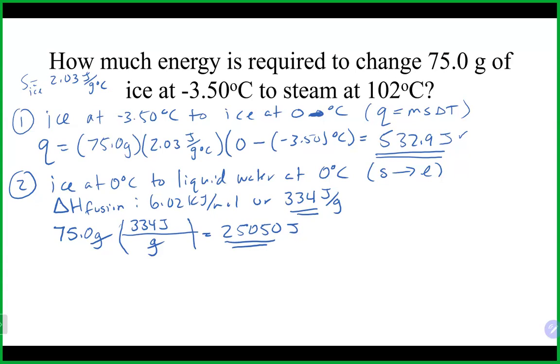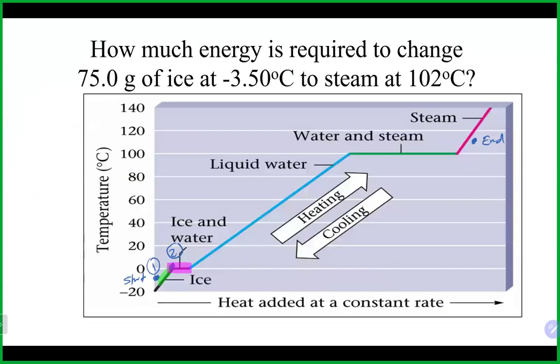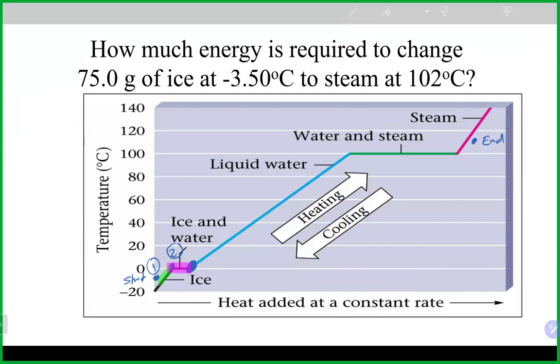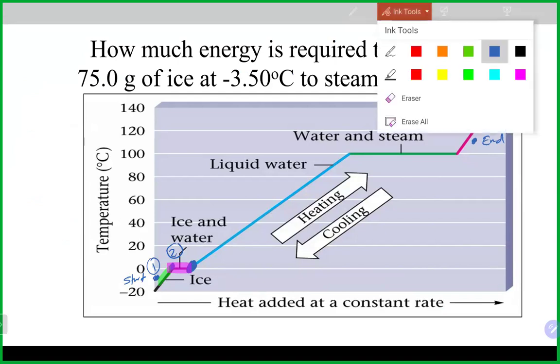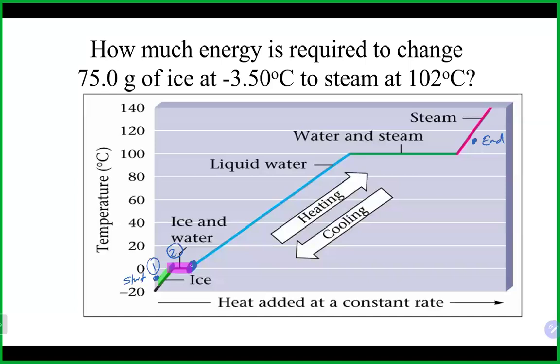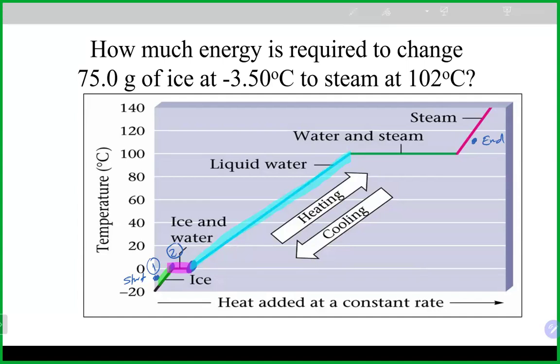So we're almost there. We have now transitioned here, and now we are sitting right about here. We're sitting at liquid water at 0 degrees. Our next process is we need to take our liquid water at 0 degrees all the way up to liquid water at 100 degrees, as that's our next transition that's going to occur.